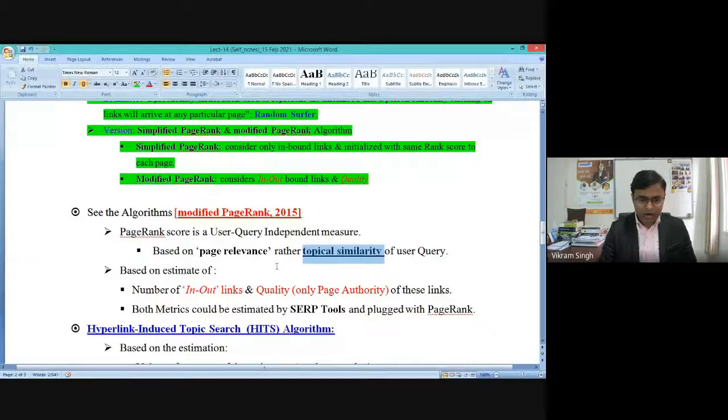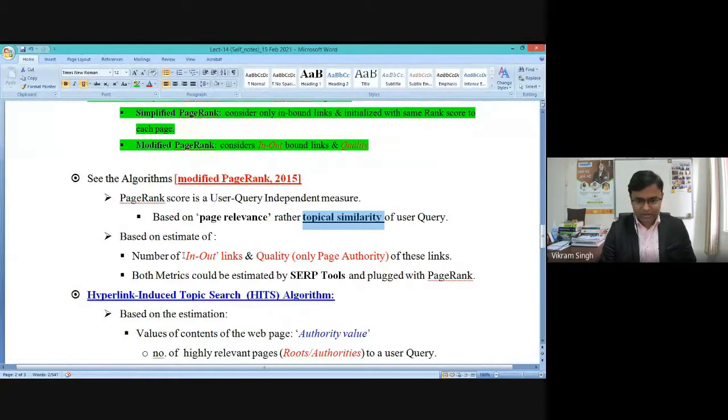Now again it is reiterated that this in-link and out-link estimation and quality of page estimation can be done by writing code, but there are various tools available which can be plugged into PageRank to devise the modified or new version of the PageRank algorithm, right?